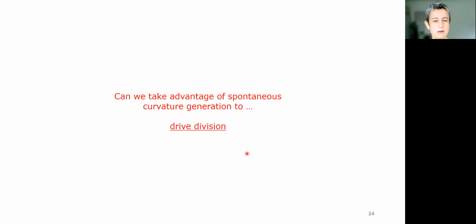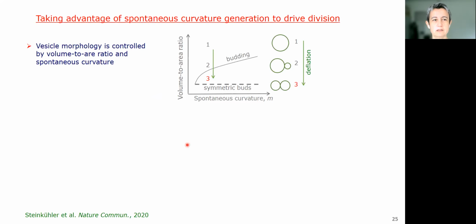So one final thing I wanted to mention very briefly is that if you have control over the spontaneous curvature, you can even drive division. To start with, you know that the vesicle morphology is controlled by the volume to area ratio and the spontaneous curvature. If you start with a spherical vesicle somewhere here and you start deflating it, you can cross the budding binodal, so the vesicle would bud.